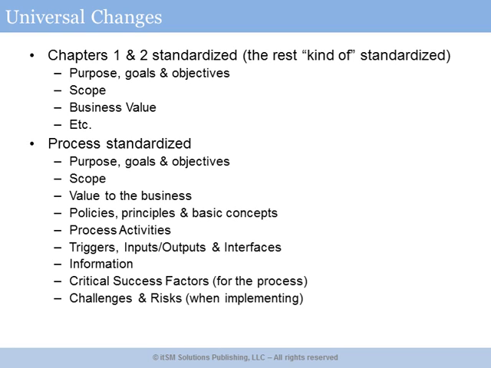Broad purpose, goals, and objectives, the key scope, the value to the business, the particular policies and principles and key concepts associated with that process, the delineated process activities, triggers, inputs and outputs, and then the various interfaces with other process areas, key information and data that those processes are going to utilize and produce, as well as key critical success factors, performance indicators, and challenges and risks associated with that process.